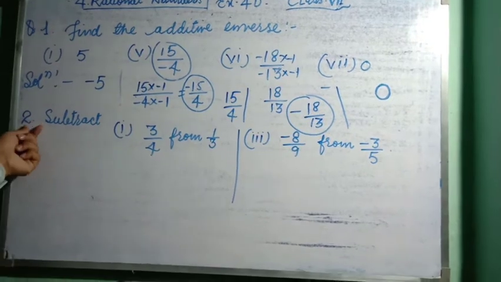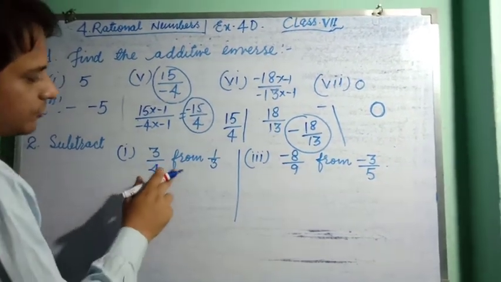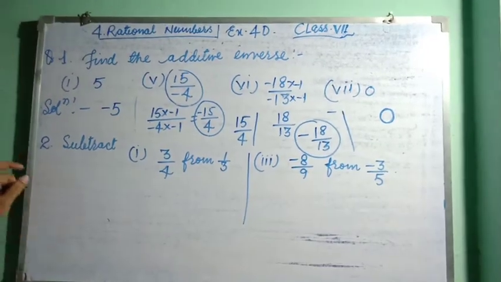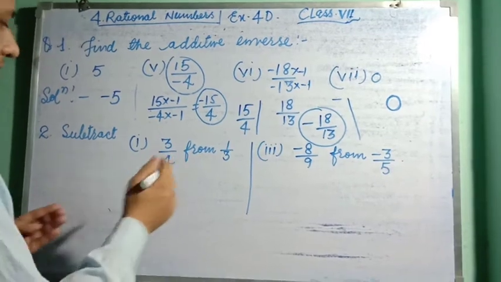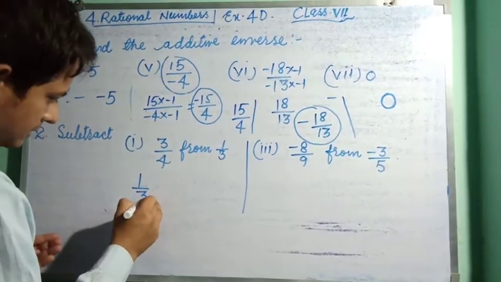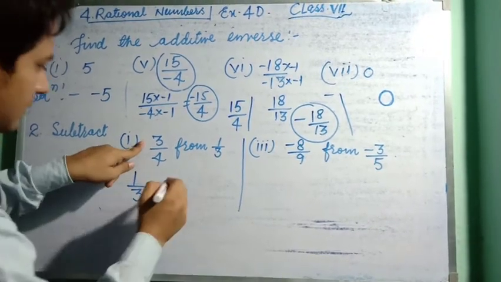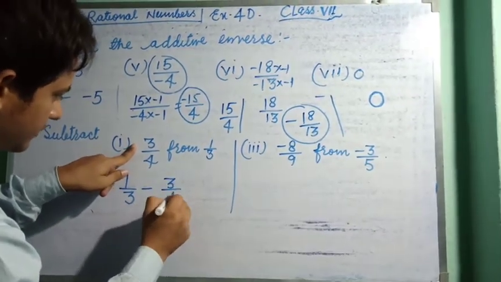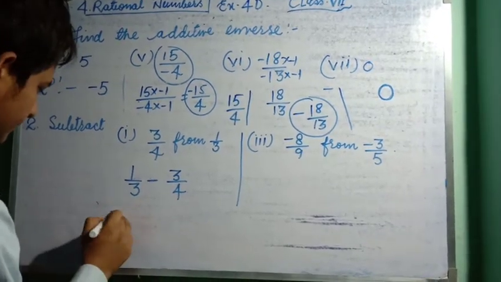Now the next, question number 2: subtract 3 by 5 from 1 by 3. The number given after 'from', bring that first, then minus, because we have to subtract, then write the other number afterwards. We have to follow the same procedure.